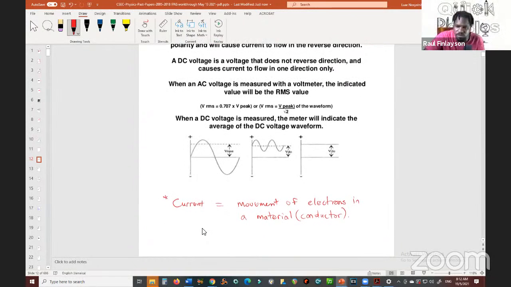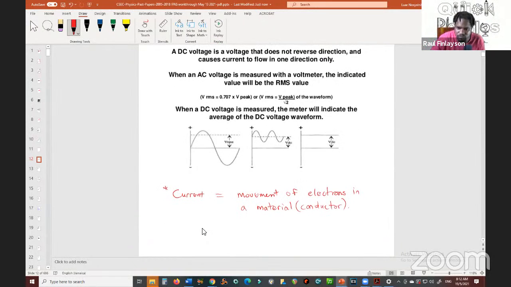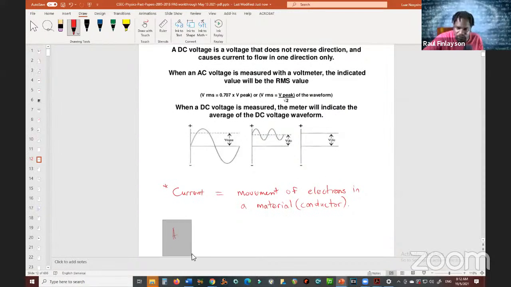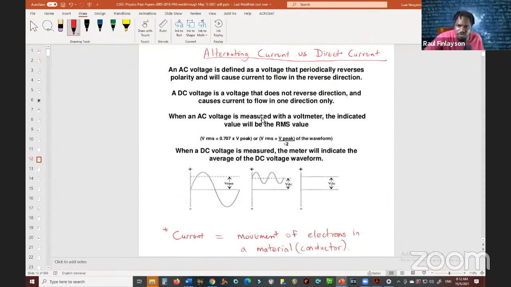So the AC current now. In AC current, the electrons change their direction. And notice the current actually follows the voltage. So if you know what AC voltage is, the current would follow that.